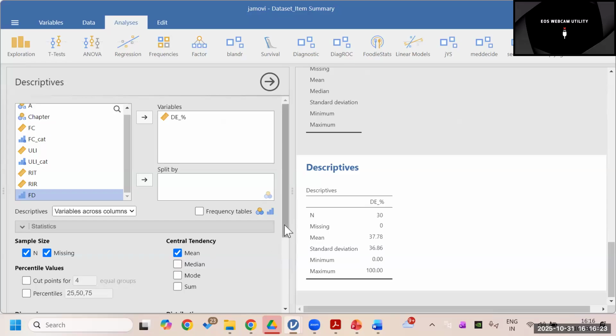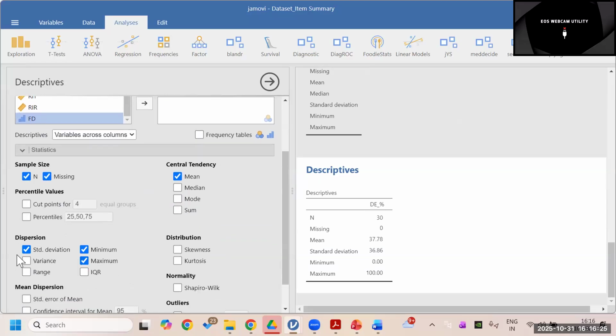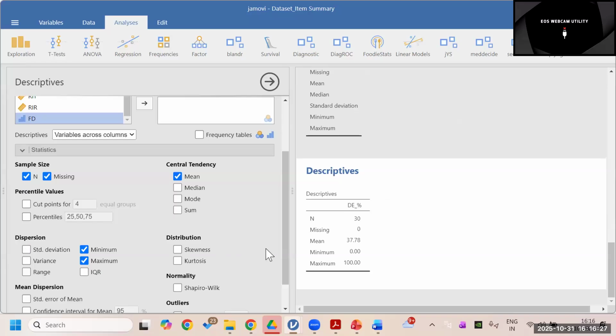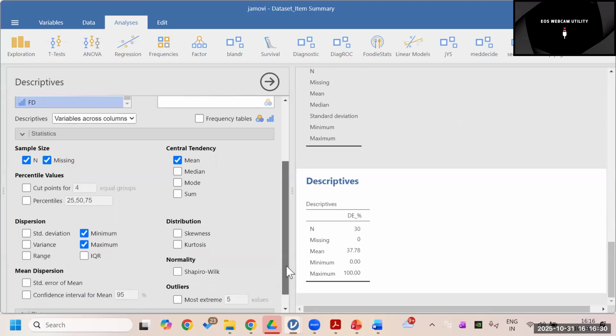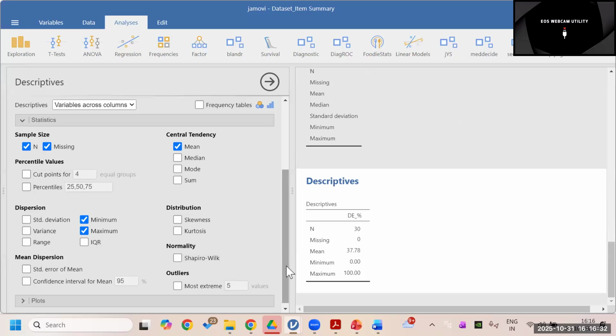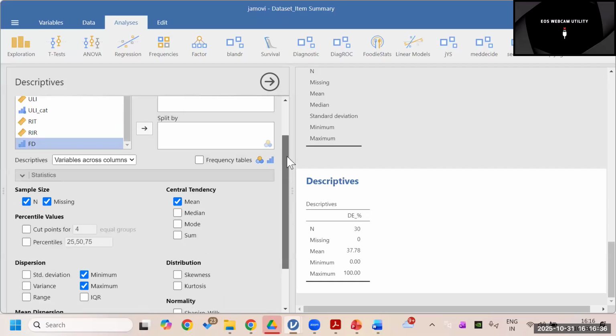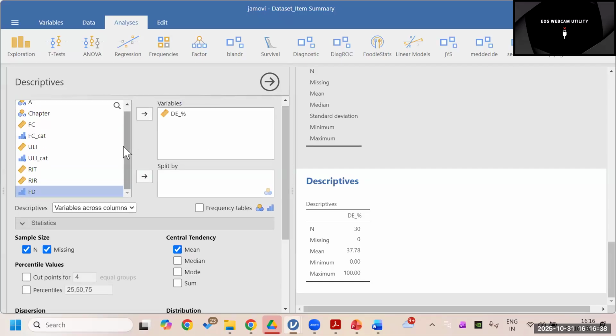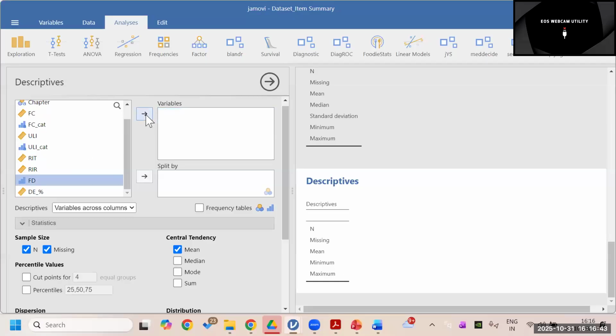And you can calculate its mean. You can remove median, minimum, maximum. We don't need standard deviation. So you can see here the mean percentage was this. If it is asking for functional distractors in terms of number, then you remove this variable and use the functional distractor variable.